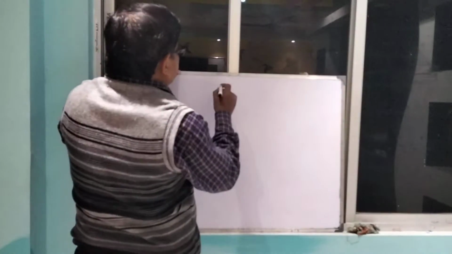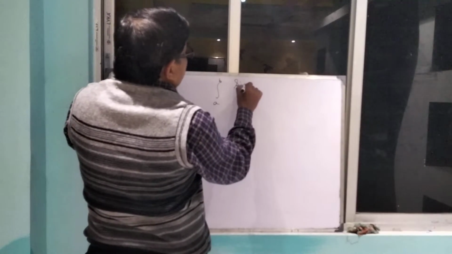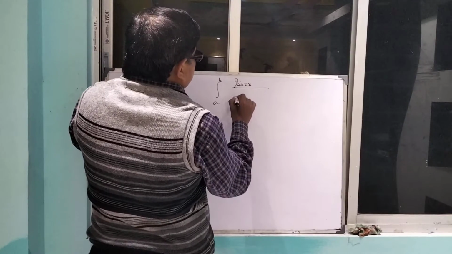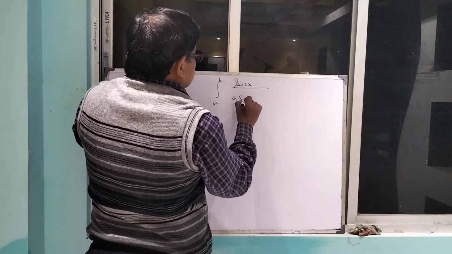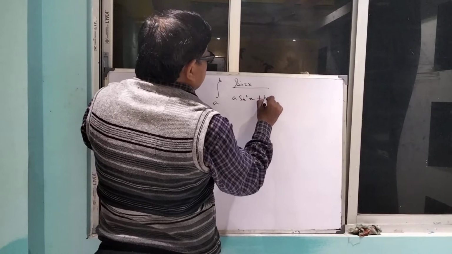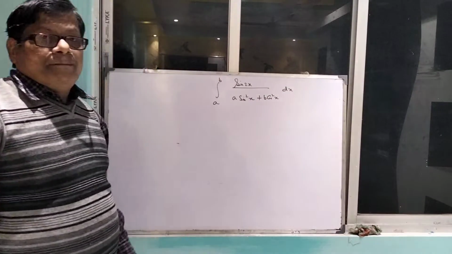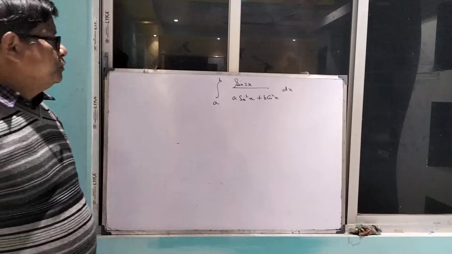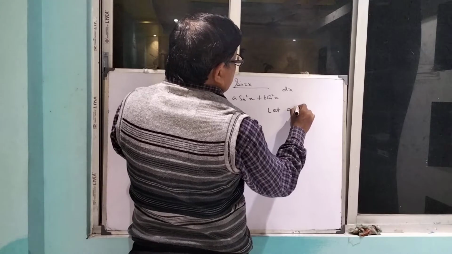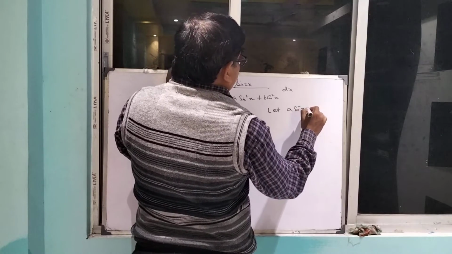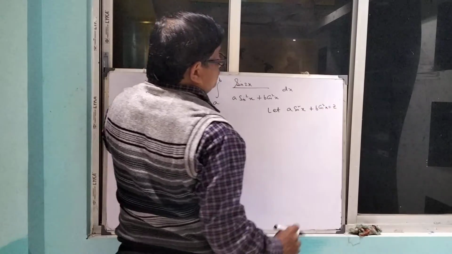Next one. Suppose the integration from a to b of sin 2x by a sin square x plus b cos square x dx. Let a sin square x plus b cos square x equal to z.